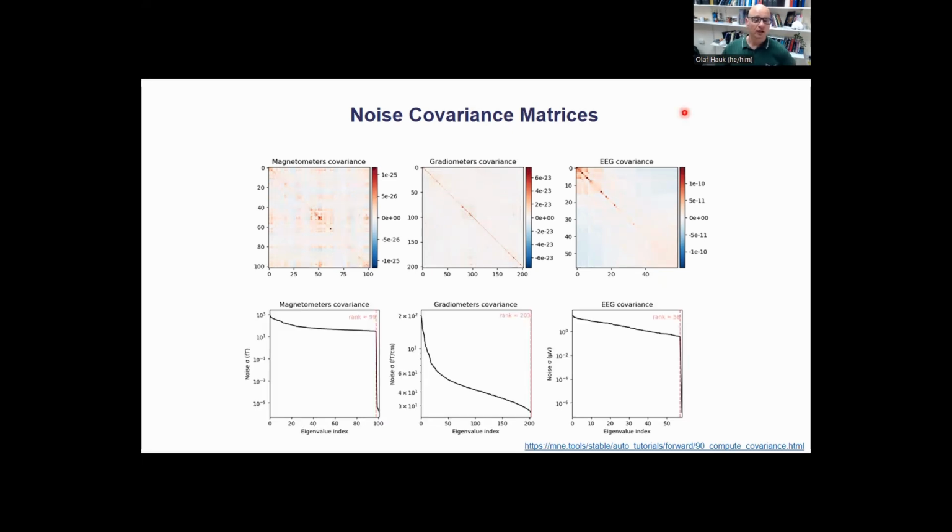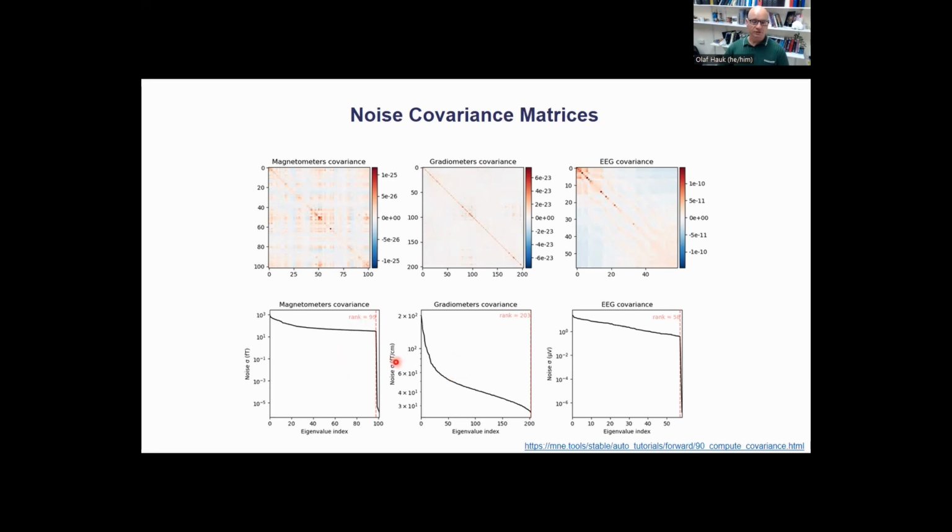Also, you can look at the rank of these covariance matrices, so how many independent components are in there that you need to explain the variance in these matrices. You compute this, for example, for the magnetometers, gradiometers, and EEG separately. In principle, the rank can be as high as the number of sensors, but there might be reasons why the rank is lower. You might have applied ICA, or in the case of EEG, you might have applied an average reference.